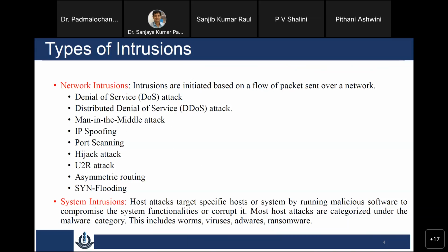It can be system level software or application level software, the software used in the router or in the servers. So from there also attacks are possible, like the UTR attack. This tries to access root privileges by different means like buffer overflow and other things. So these are various forms of network intrusions.